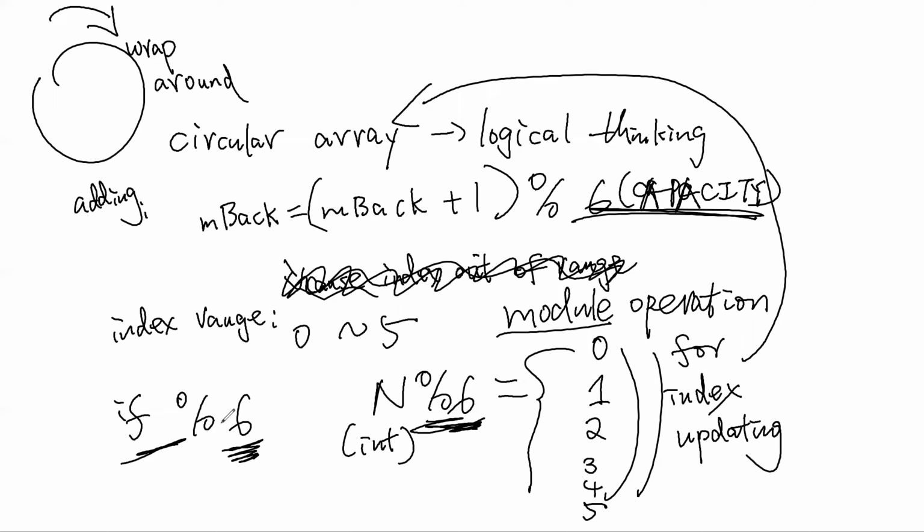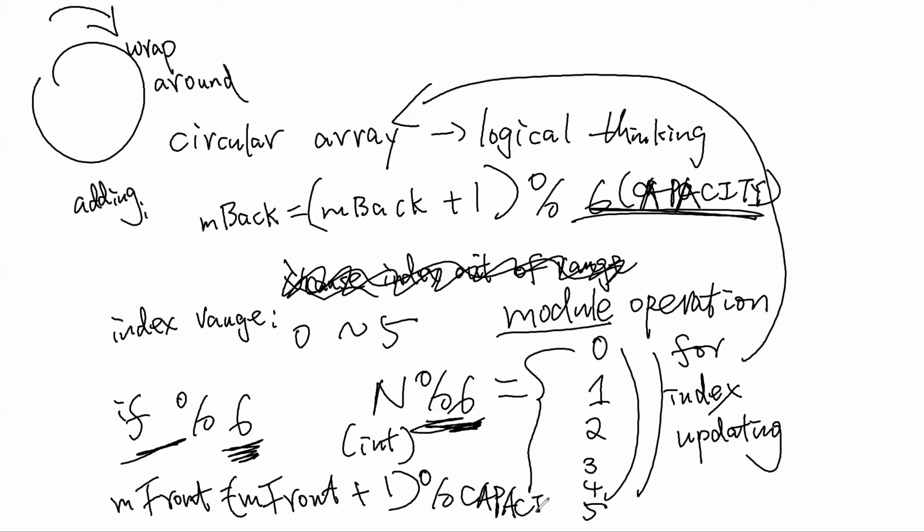Also in this case, even for M front, when we do updating, it's the same. Because each time when we do remove, we also do M front plus 1, but we also let it module capacity. Then you will control the front index to always be 0, 1, 2, 3, 4, 5.